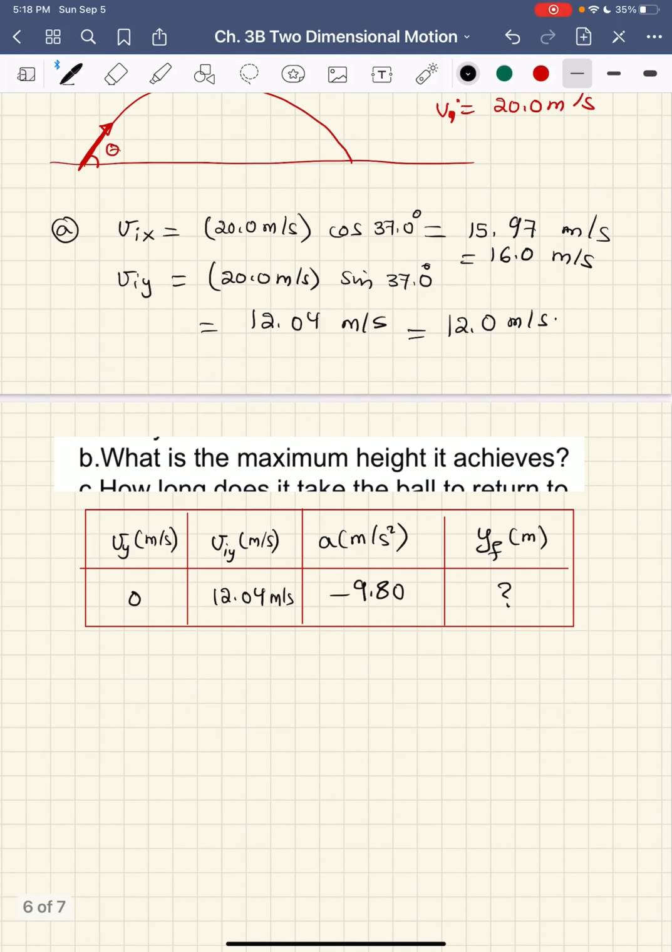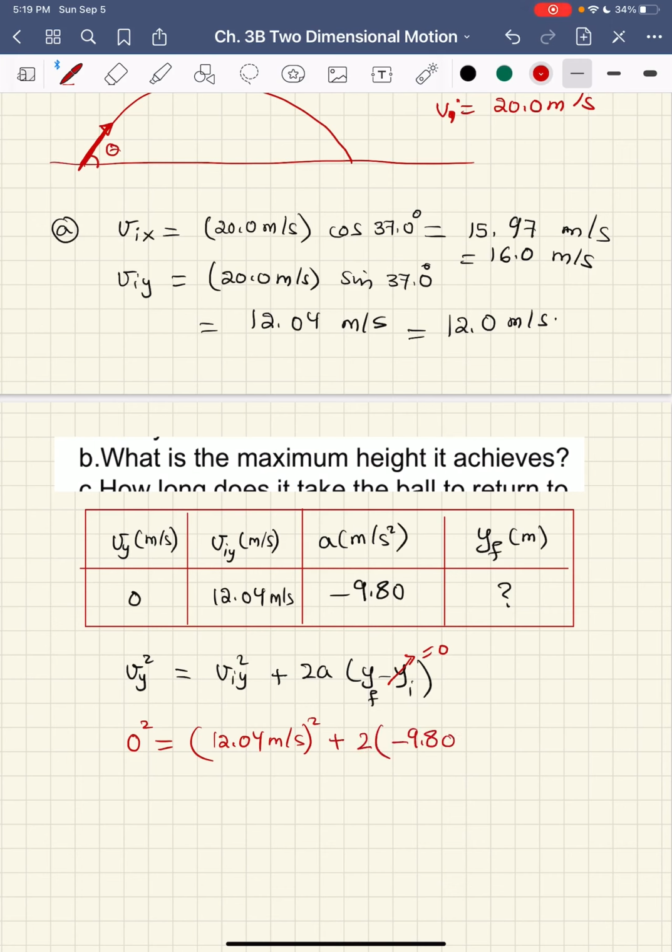Now the best equation here is Vy squared equals Viy squared plus 2a times y final minus y initial. This is 0 here, and this one is 0 squared. This one is 12.04, and this is 2 times negative 9.8 times y final.